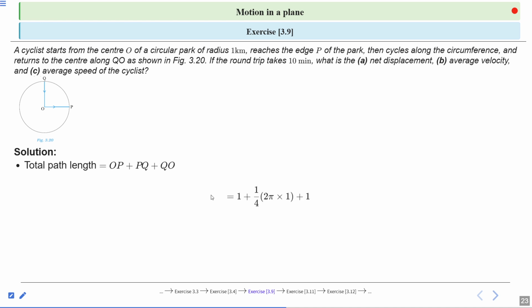So OP is 1, plus PQ is 1 by 4 of 2 pi into 1, and OQ is 1. So solving this, you will get 2 plus pi by 2, which is 3.570 kilometer.